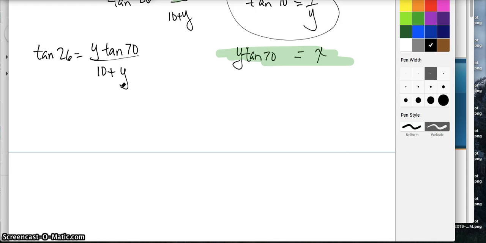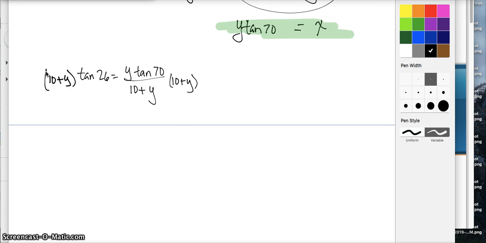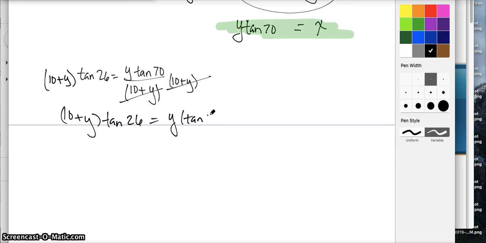So tangent of 26 is equal to this. I'm going to multiply both sides by 10 plus y, and cancel out the 10 plus y in the denominator. Now my equation is the quantity 10 plus y times the tangent of 26 is equal to y times the tangent of 70.